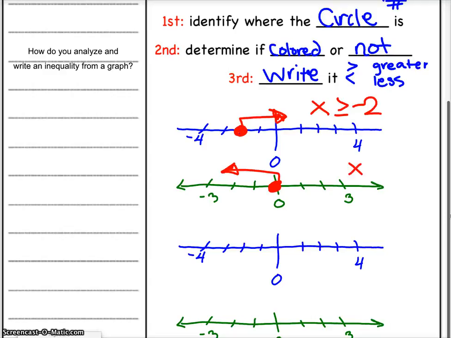Am I greater than or am I less than? Less. Do I put a line under it? No. Yes. Yes. Okay, what number? 0. So do you see our strategy? Put the letter, are you greater than or less than, number. Letter, greater than or less than, number. That's our strategy.